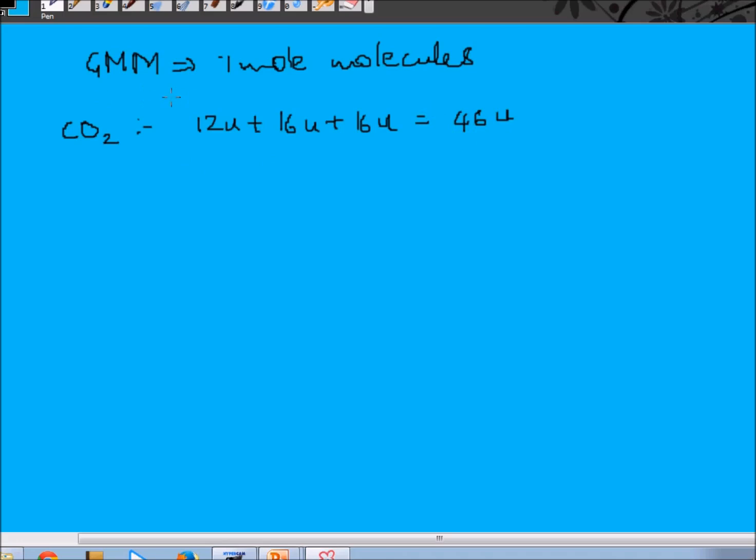Now you have to calculate its gram molecular mass. Gram molecular mass is mass of 1 mole of molecules. So total mass will be Na times the molecular mass, that is, total number of molecules multiplied by mass of one single molecule.